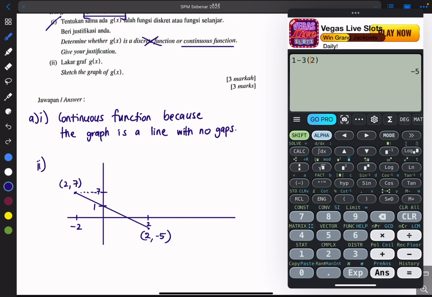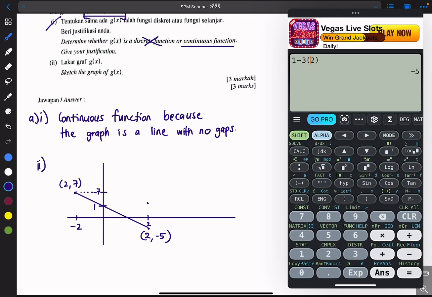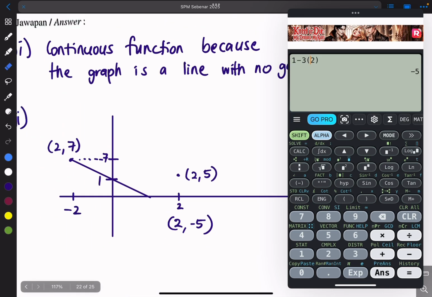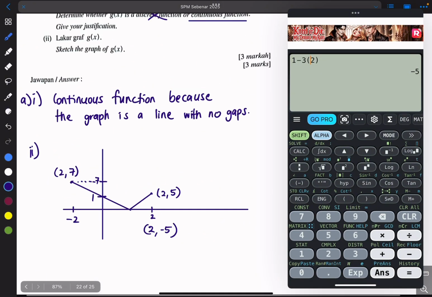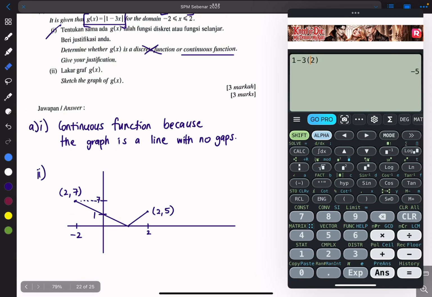So when we flip this point up, it will be at 2, 5. So now we can erase. And this line will be up here at 2, 5. Okay, so this is our modulus graph.